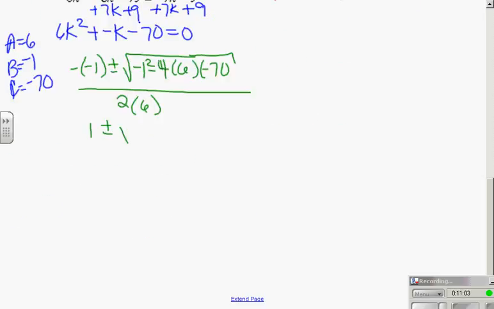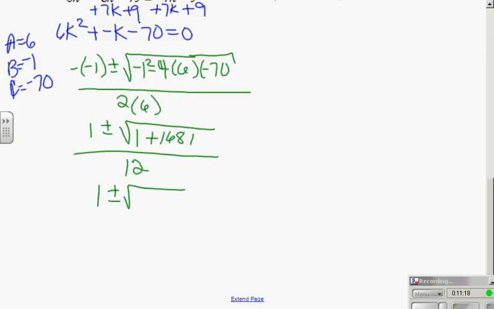So I have 1 plus or minus the square root of 1 plus 70 times 24, which is 1681, all over 12. So I have 1 plus or minus the square root of 1682, all over 12.